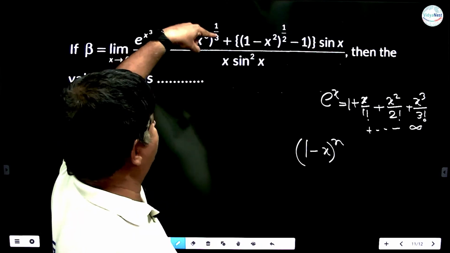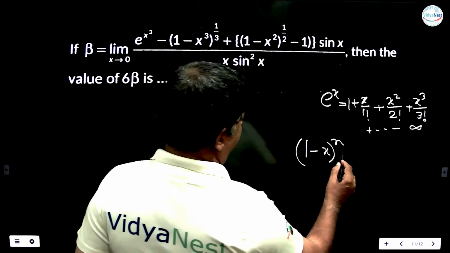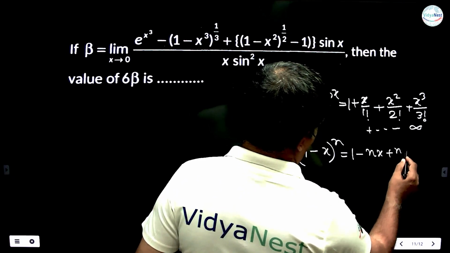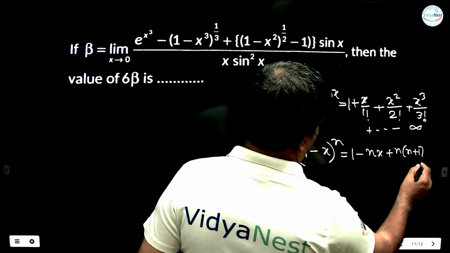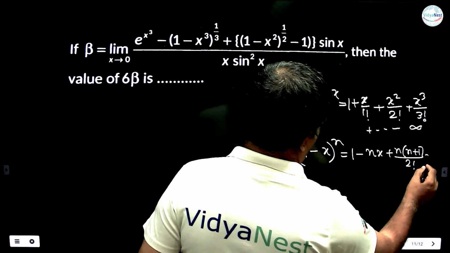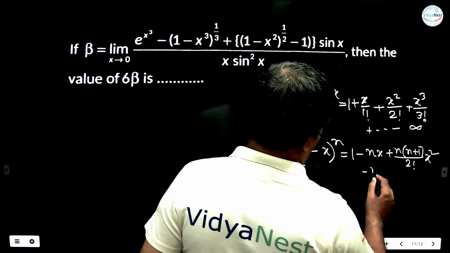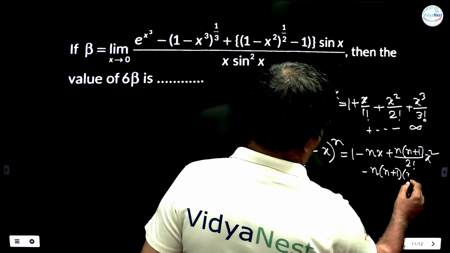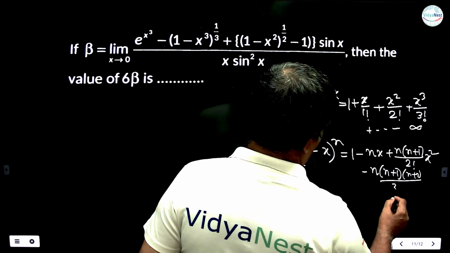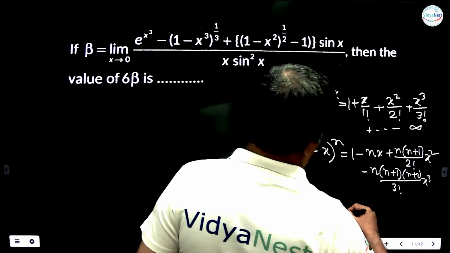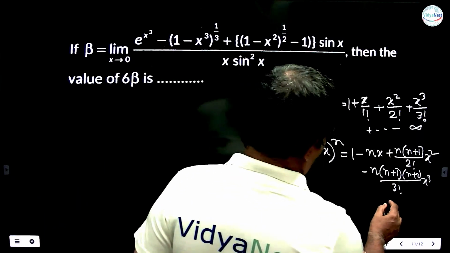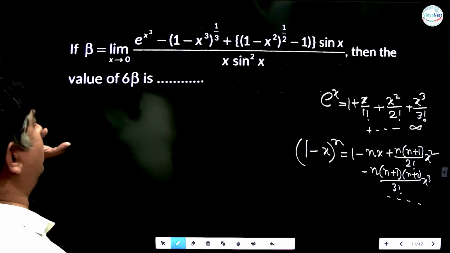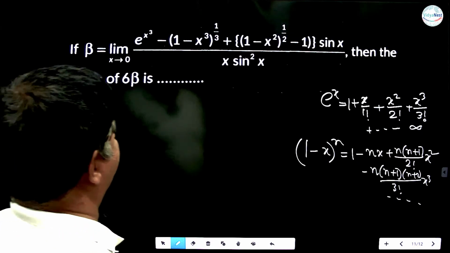Here 1 minus x whole to the power n is 1 minus nx and the series will go on. So that series will play the key role in this sum.